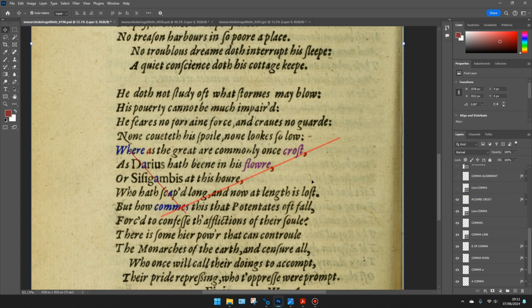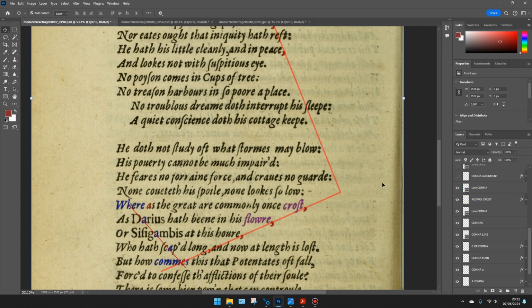Now what we notice is it crosses over, or we get "flower crossed." Now this could be interpreted as a flower being a rose and the crossed being the cross. Again, it's a simple interpretation at this stage, but it's helpful to allow us to carry on, as there's a possibility that we might be on the right track.